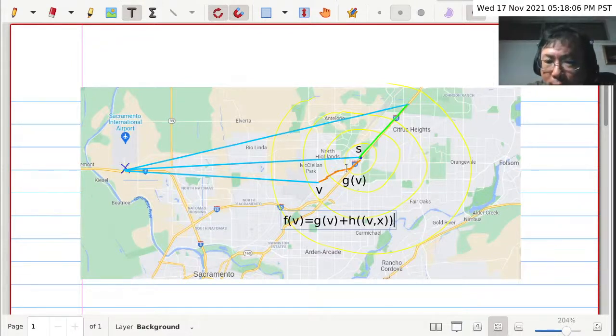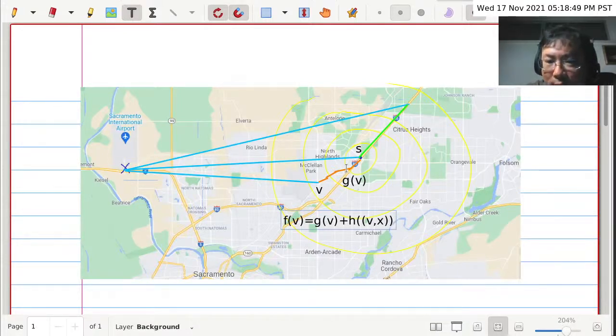By current shortest path known, we mean what we have explored so far, because the first time we get to a vertex from the start vertex, we may not have found the actual shortest path, as we'll see in an example later. So at any given time, g of v is just saying this is the length of the shortest path that we have found so far. There's no guarantee that it is the actual shortest path, but of all the paths we have explored up to this point to this particular vertex v, this is the best we have got.